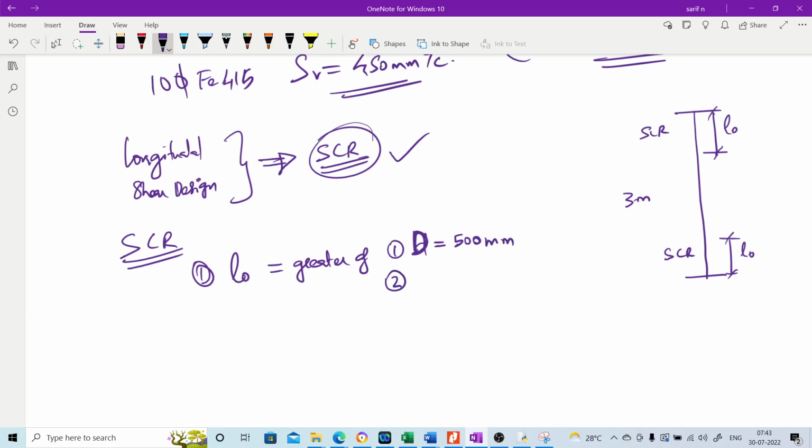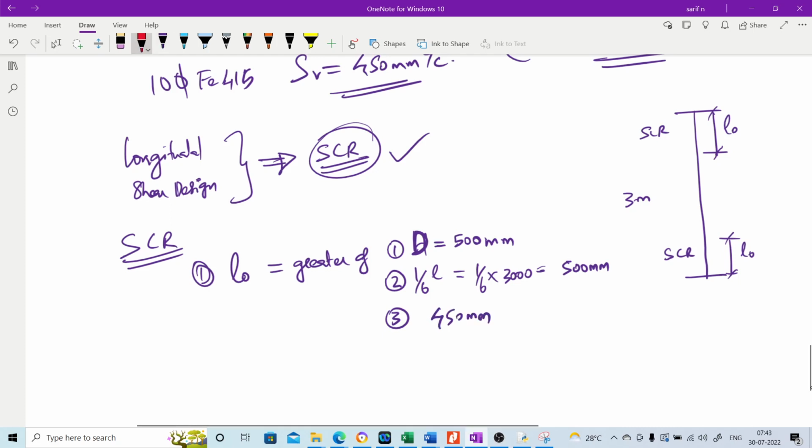Second one is the 1 by 6 of the clear span of the member. So clear span of the member is 3000 mm. So 1 by 6 of the clear span of the member is again 500 mm. And third one is 450 mm.